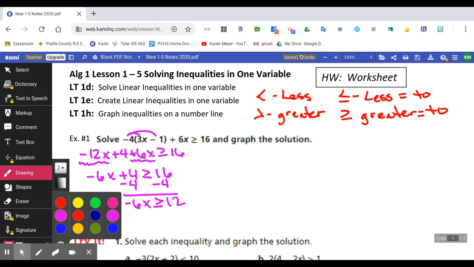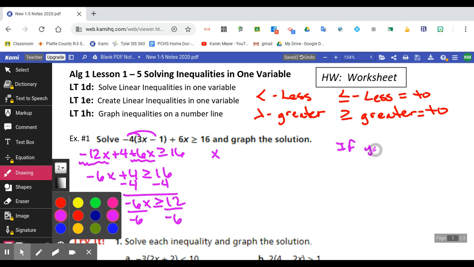Then we're going to get rid of the negative 6 by dividing both sides by a negative. Now, before we go any farther, we're going to stop because there's one rule we have to make sure that you can remember, or if you don't remember, that you know from here on out. So I'm going to write the rule off to the side.